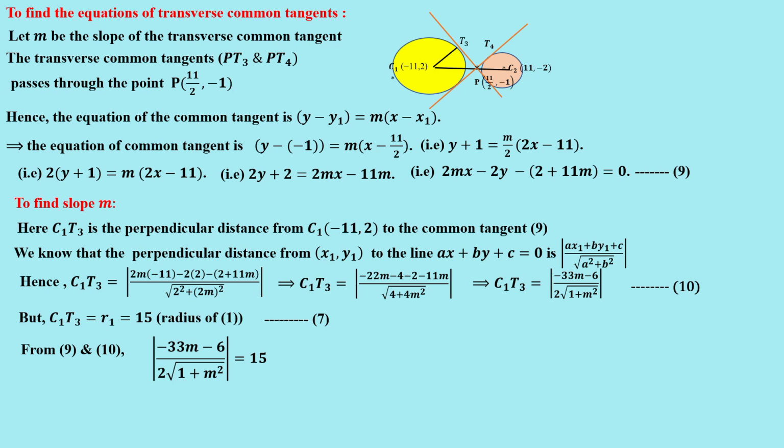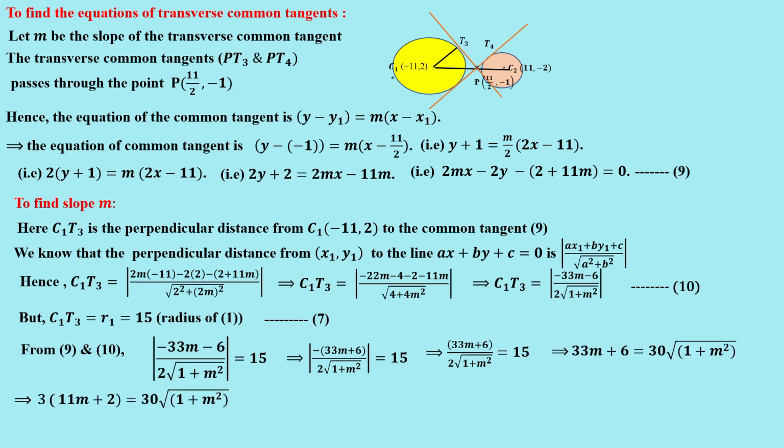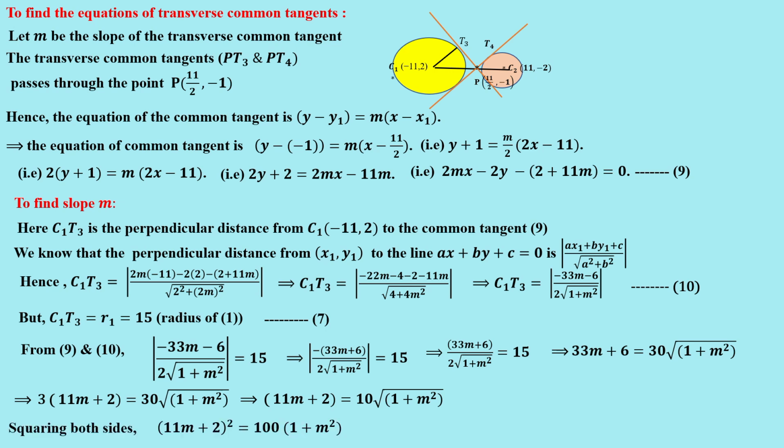33m plus 6 by 2 into root of 1 plus m square equal to 15. Do the cross multiplication and take the 3 outside. So 3 into (11m plus 2) is equal to 30 into root of 1 plus m square. So you can cancel 3 and 30. So 11m plus 2 is equal to 10 into root of 1 plus m square. Squaring both sides, (11m plus 2) the whole square equal to 100 into (1 plus m square).